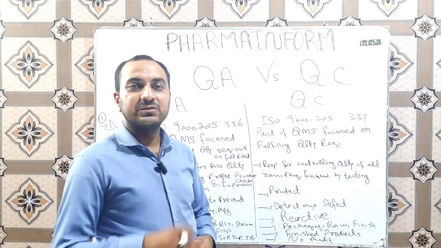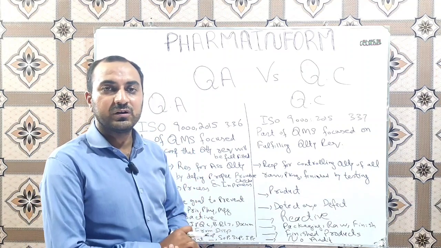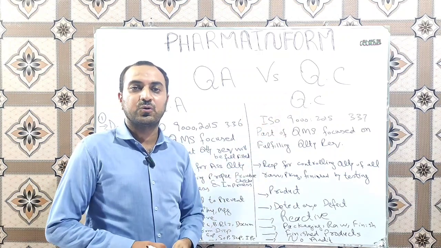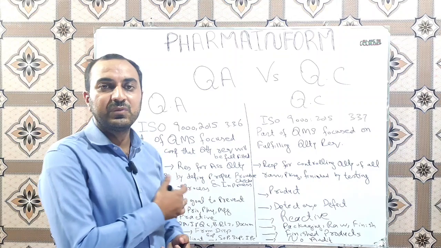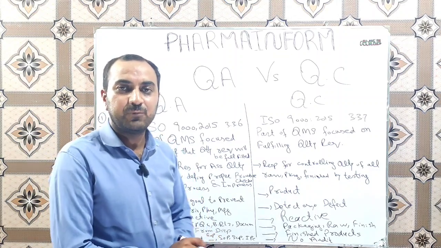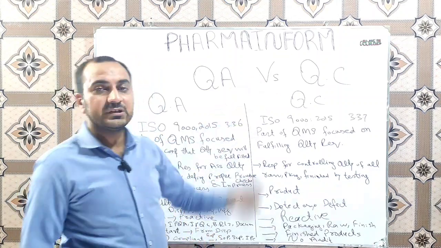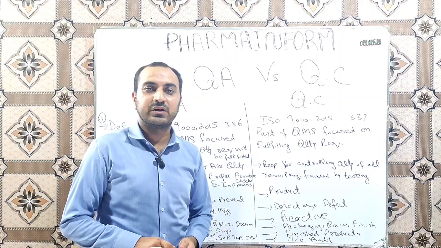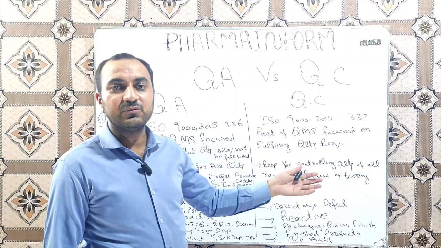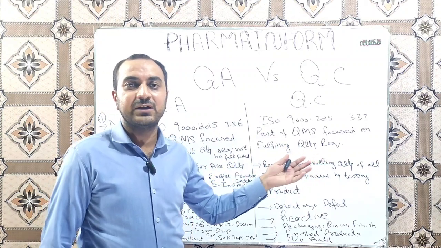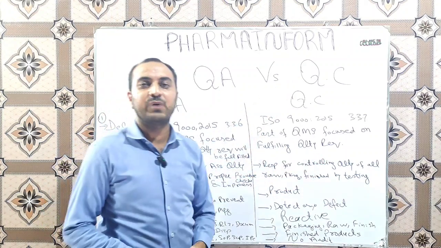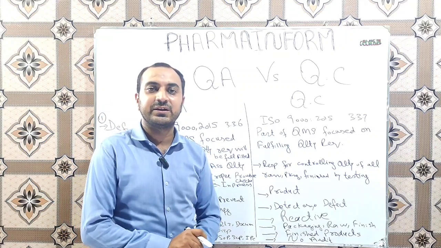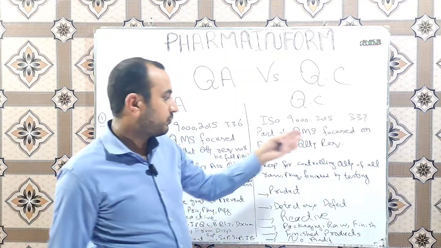Mean, if there is a defect in any product, this defect is detected by quality control. QA's aim is to build quality in the product and QC's aim is to detect defects in any product. Visually, we cannot see any defect in the product, but quality control by testing gives us clear results regarding any defects of the product.